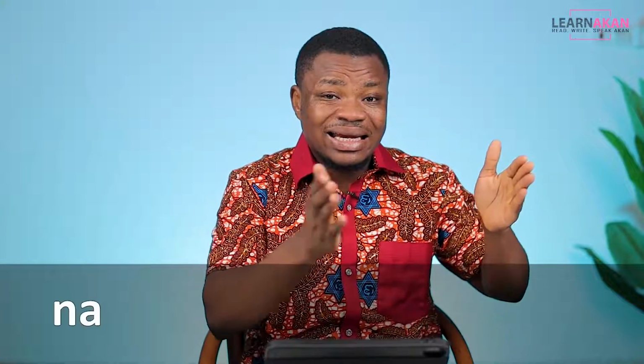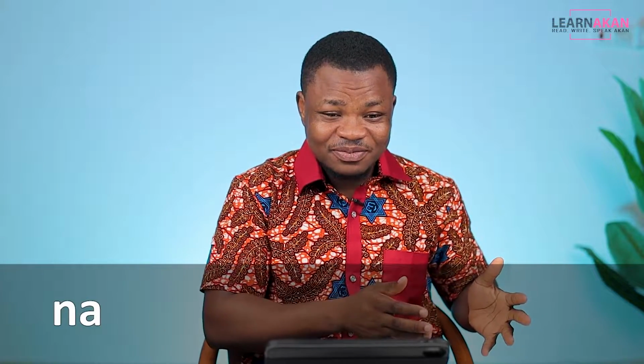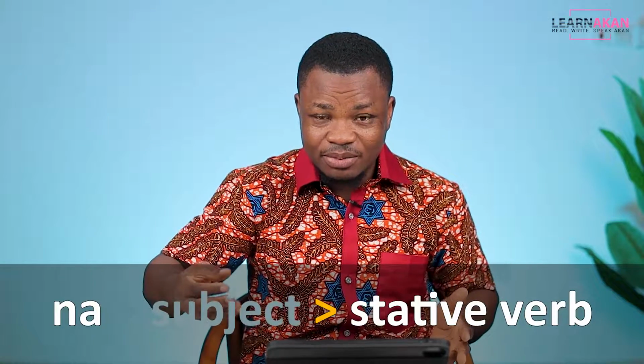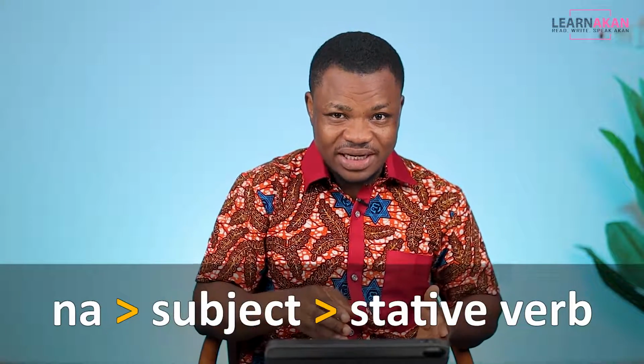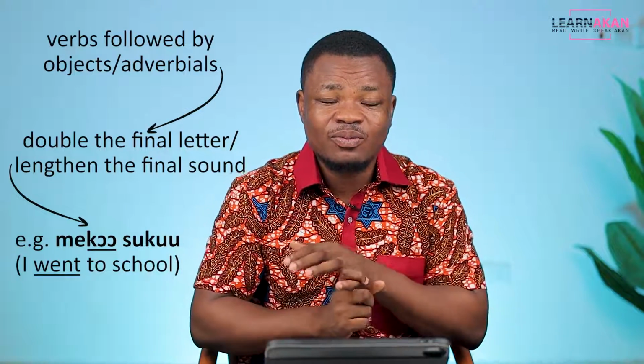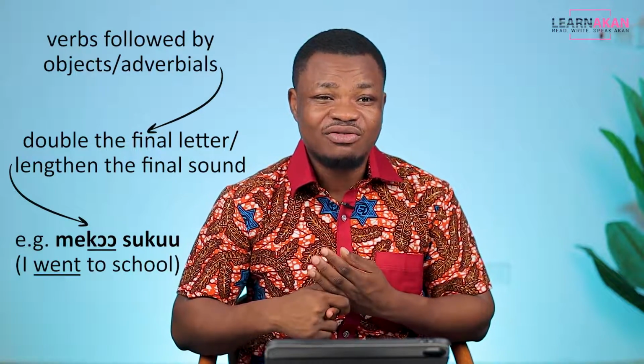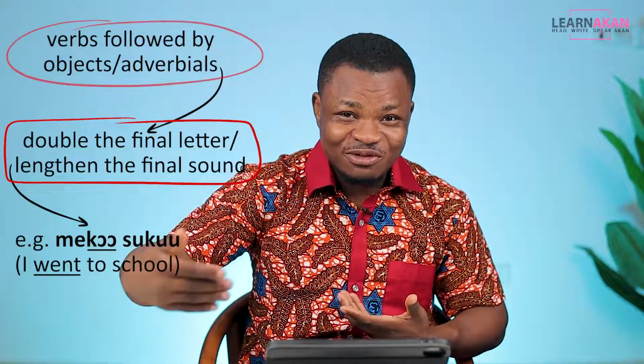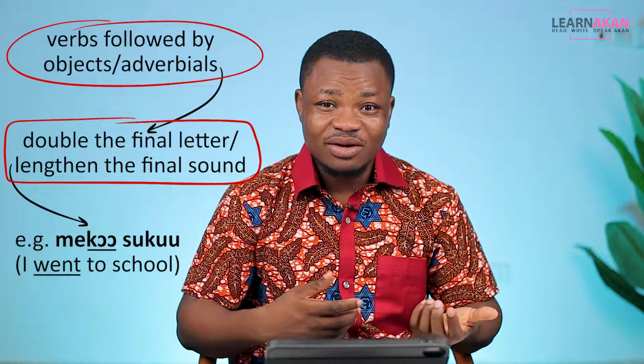We said to form the past tense of such verbs, the stative verbs, what you do is you bring na, okay, na, before this true stative verb, plus its subject. So I'm sure if you've taken all the lessons in the series, then you know that we sometimes form the simple past tense of TWI verbs by doubling the final letter, okay, when it is being followed by an object or an adverbial, okay?